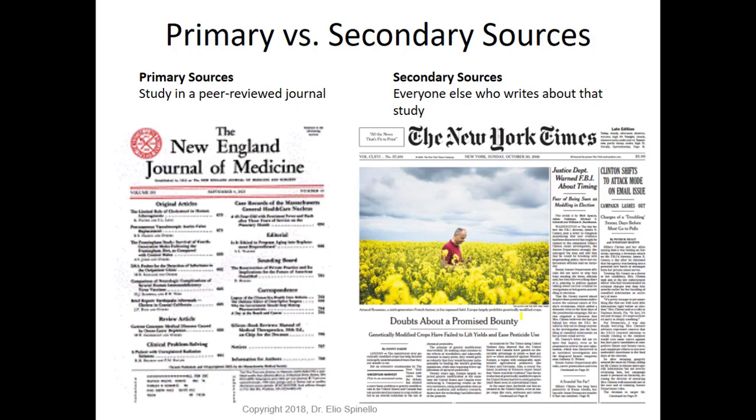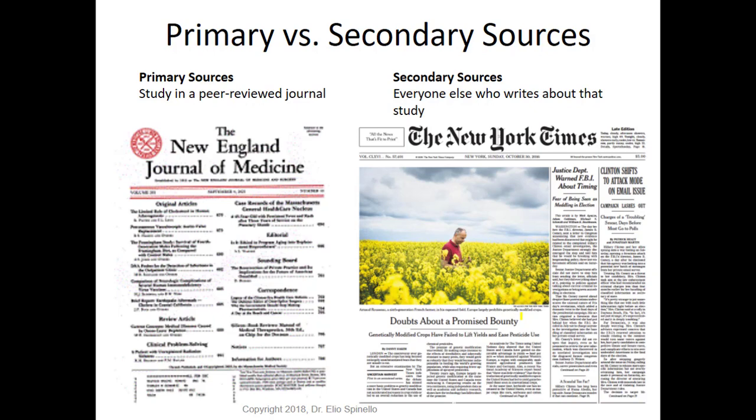Now, the reason we want the primary sources is because that is written in the researcher's own words. No one else is interpreting it, just the researcher. When we're looking at secondary sources, we have to consider that now we've got a second person that's reading it, interpreting it, kind of imposing their own bias on it to some extent, and then reporting it.